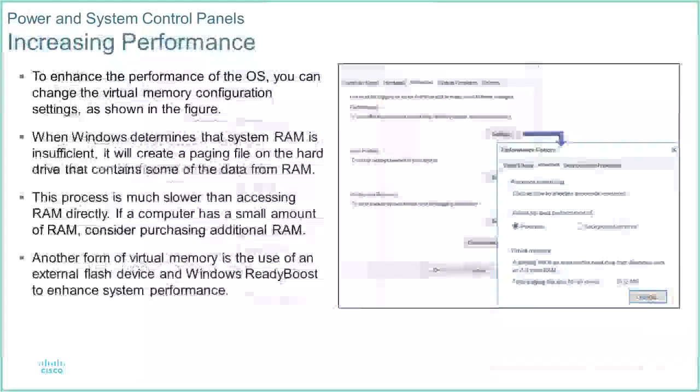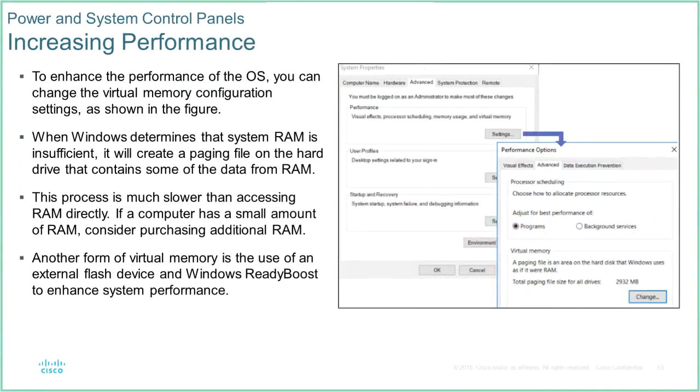Increasing performance. So basically what we want to do is look at how much virtual memory we want to use. Now, in here, you have to set up how much RAM you've got access to.